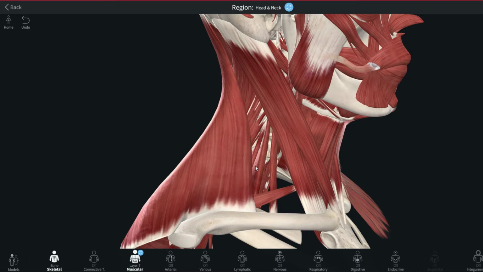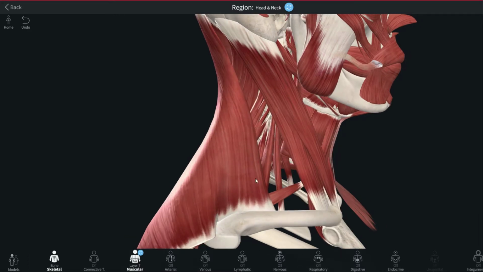A room has a roof, which will be covering the posterior triangle, you might say superficially, and there will be a floor, which will be essentially the deeper aspect of the posterior triangle. So let's go with the roof first.